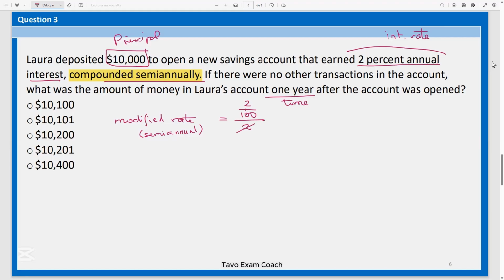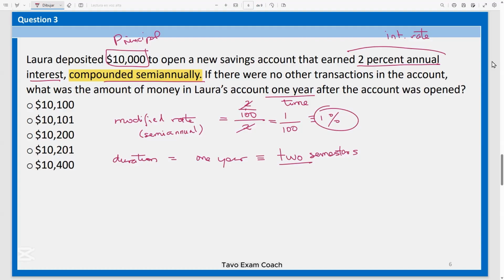So this gives us 1 over 100 or 1%. Now, what about the duration of the investment in terms of periods when the interest is accumulated and compounded? Okay, if we have 1 year, 1 year is equivalent to 2 semesters or 2 half years.